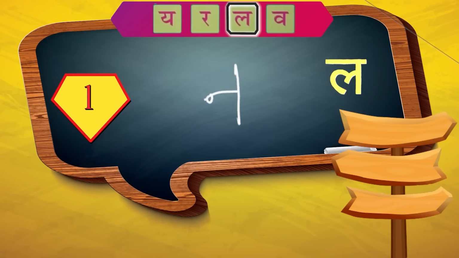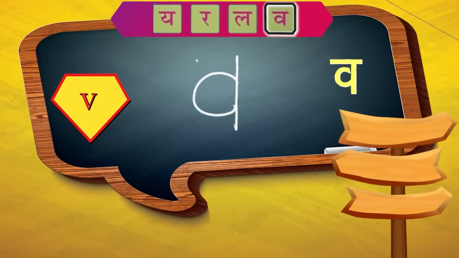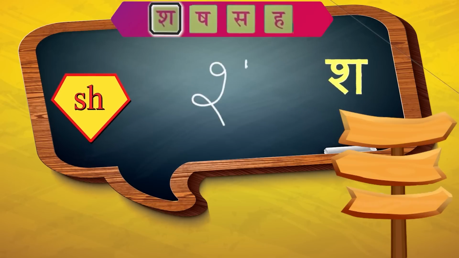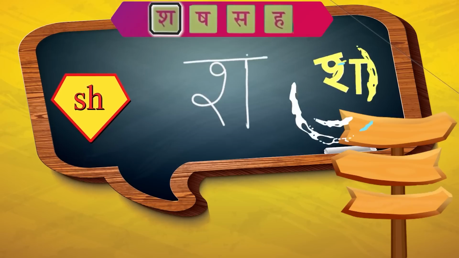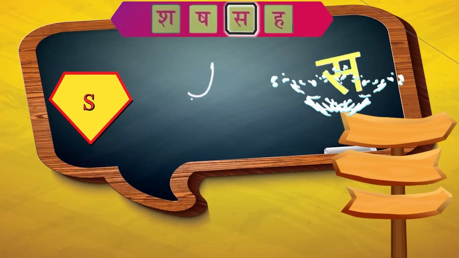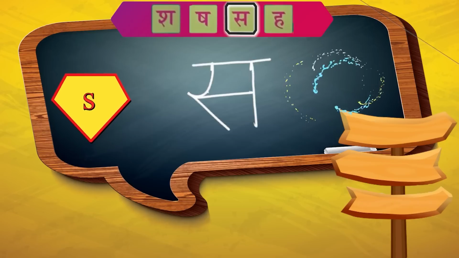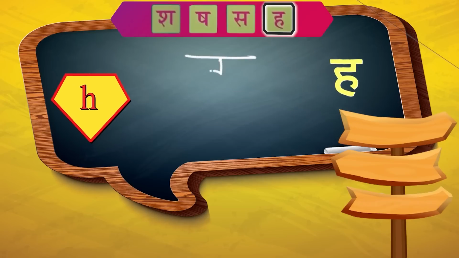This is la. This is va. This is sha. This is sa. This is ha.